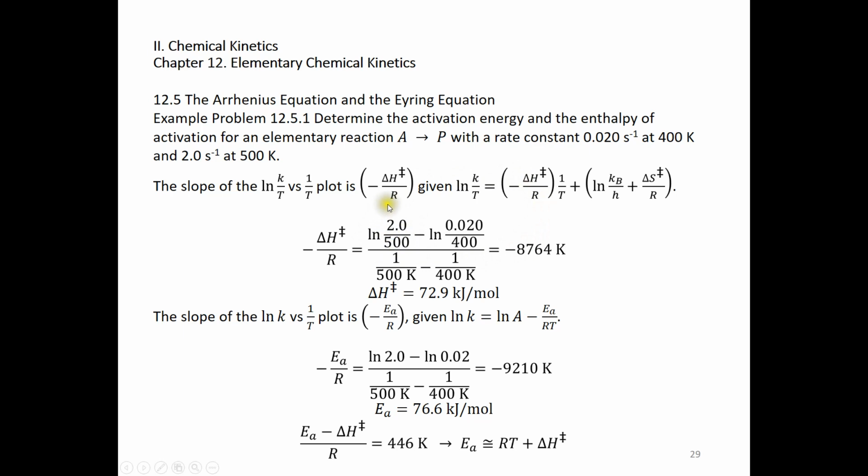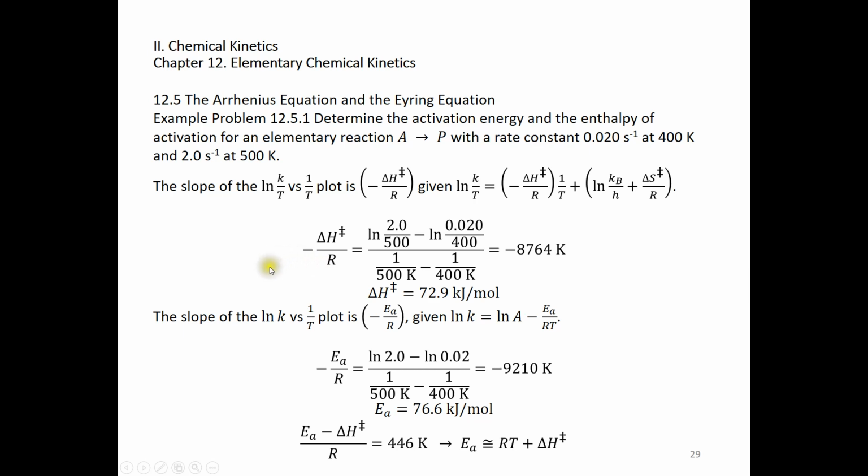So really it's the change of the vertical axis divided by the change of the horizontal axis. The vertical axis is ln(k/T). The horizontal axis is 1/T. We do this calculation, we get the slope negative 8,764 Kelvin. We compute the enthalpy of activation to be 72.9 kilojoule per mole.